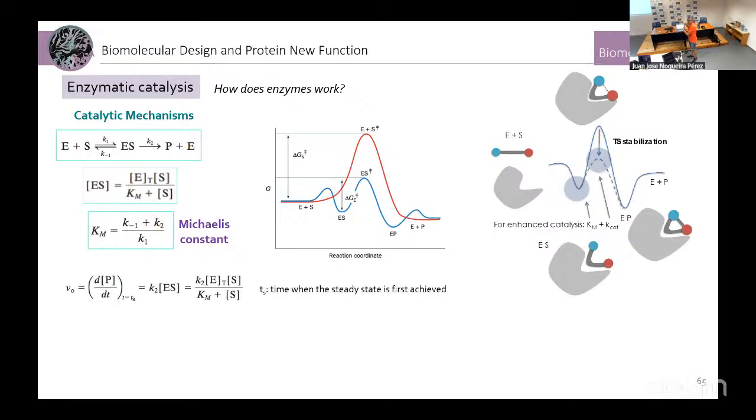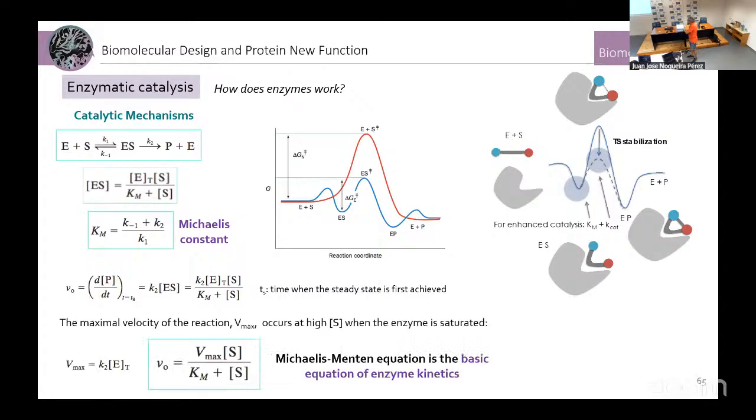And from here, we can derive the rate, so the velocity of the reaction, how the product formation depends on time. Well, this is the Michaelis-Menten equation, which is the basic equation for enzymatic kinetics.